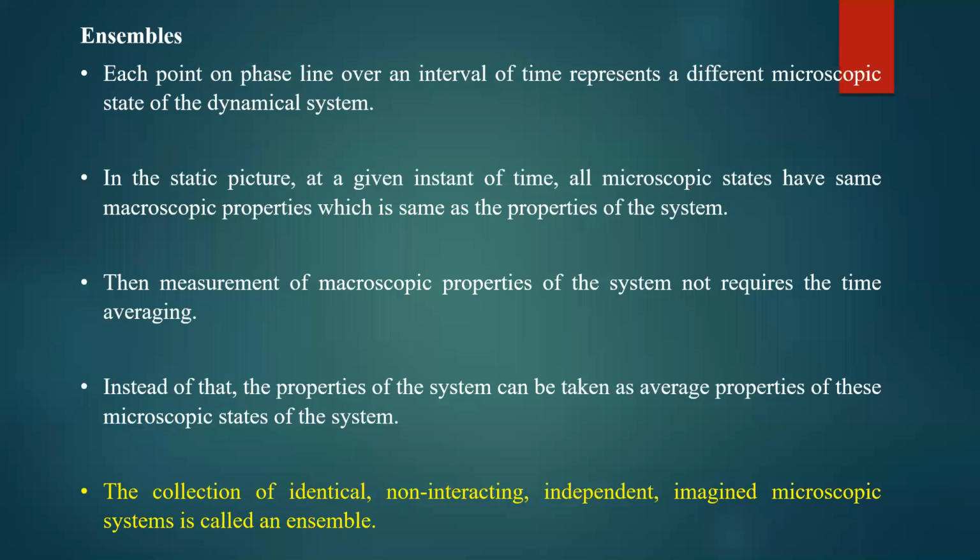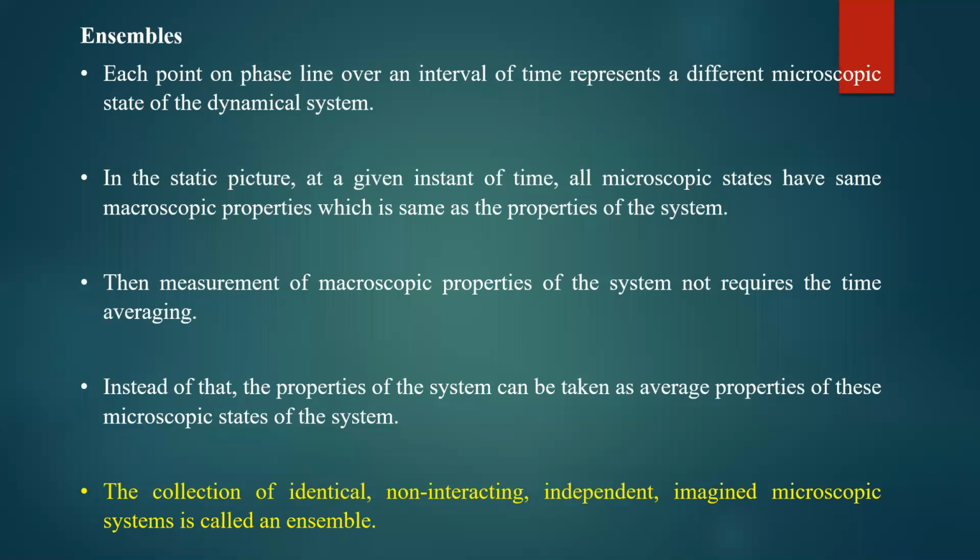If you study the property of any one state, you can find out the properties of the entire system. In a dynamic system you have to take the time average. You have to take the average of the properties. In the static case, you directly take any one property of the microstate.